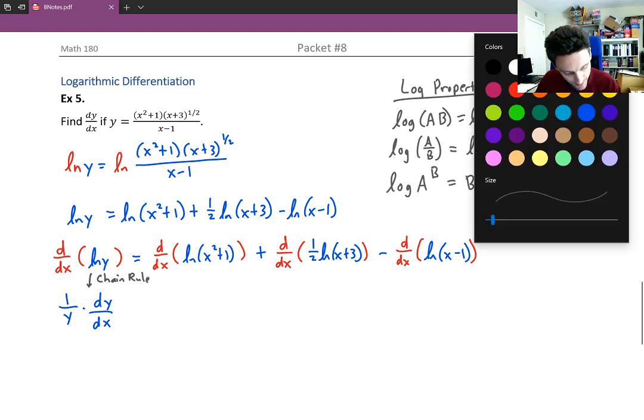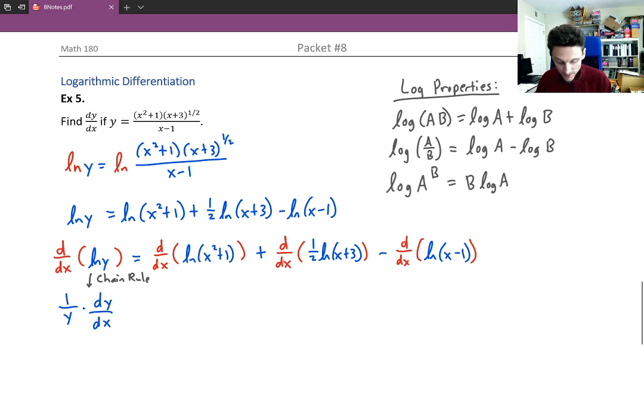Now on the right side, all of these derivatives with respect to x have functions of x inside of them. So these are just regular old derivatives. Now again, with the log of x squared plus 1, we're going to have another chain rule because we have the x squared plus 1 function inside of the log function. So there it's an explicit chain rule.